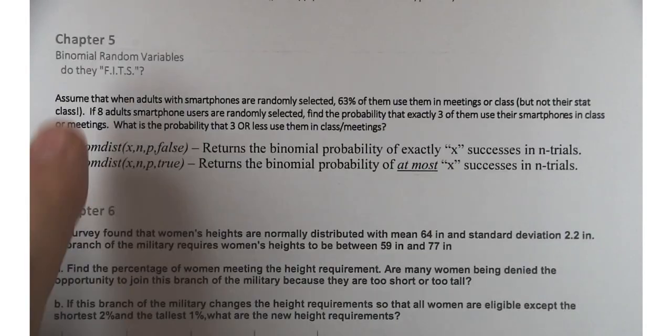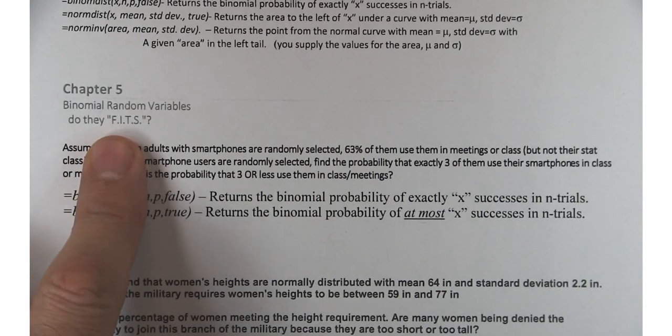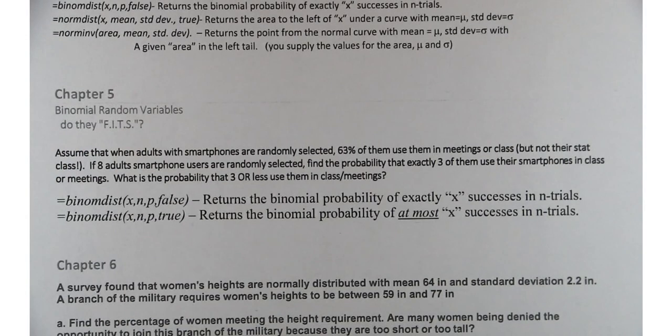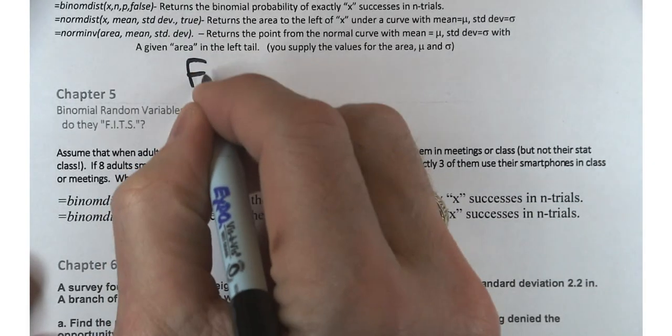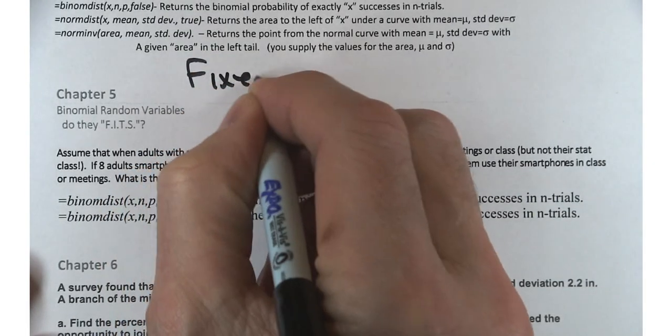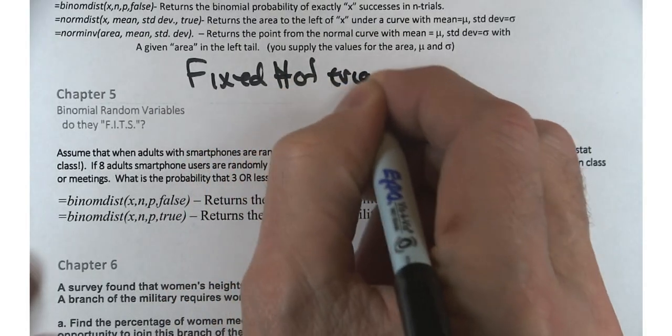So in terms of binomial probabilities, one of the things you can look at is something called FITS. What does FITS remind us of? Fixed number of trials. Nice. Independent.